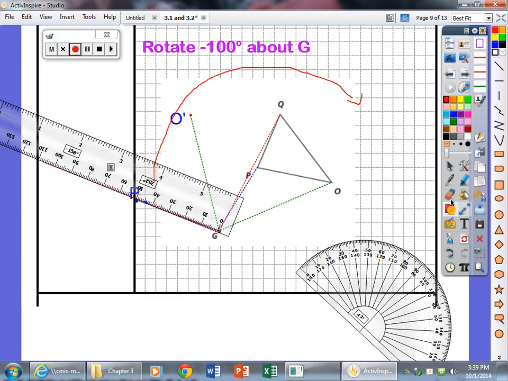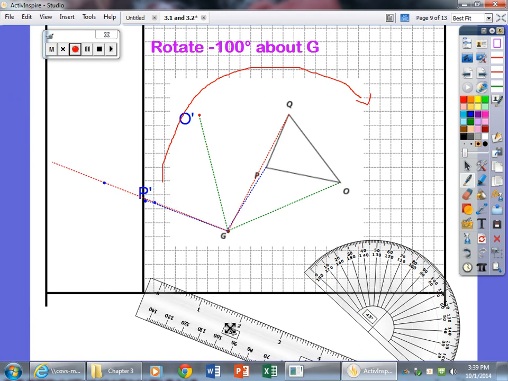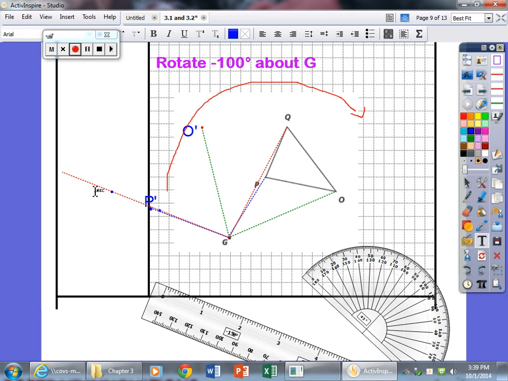And I'm going to measure 75 out here. So that's going to be there. Okay, now I'm going to move the ruler out of the way. And this is going to be Q prime. So let's label it Q prime.